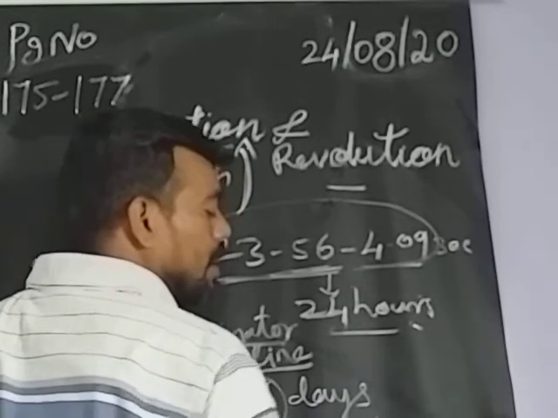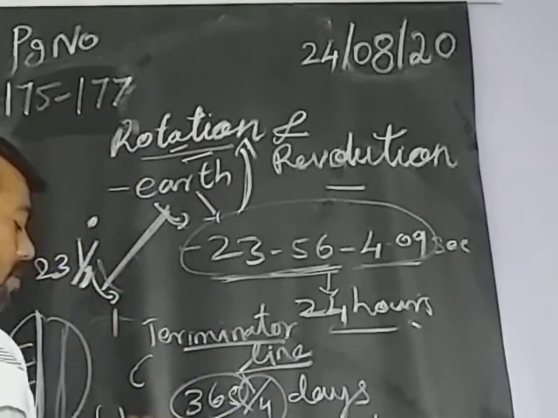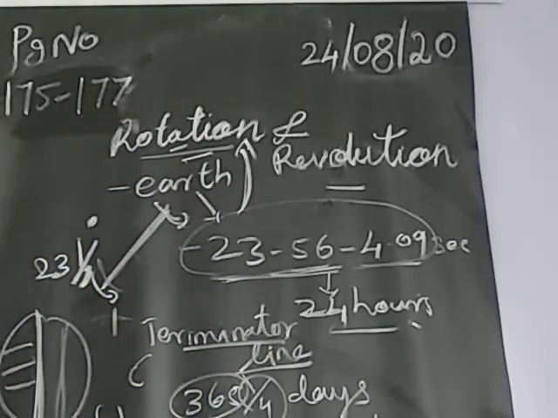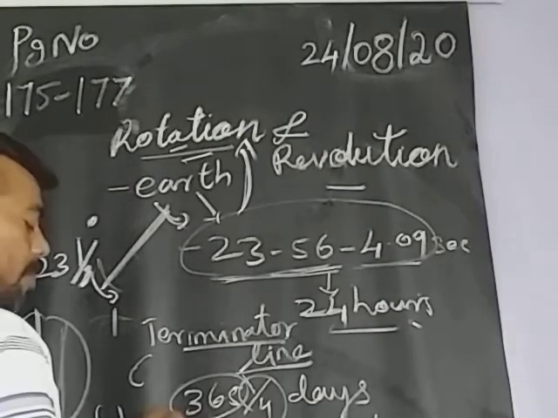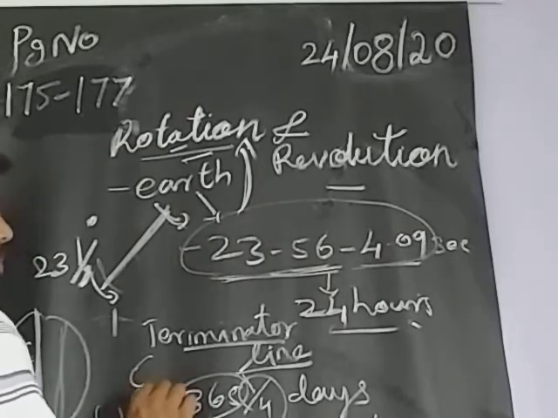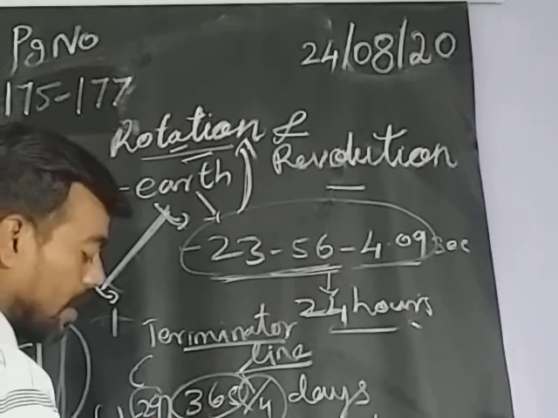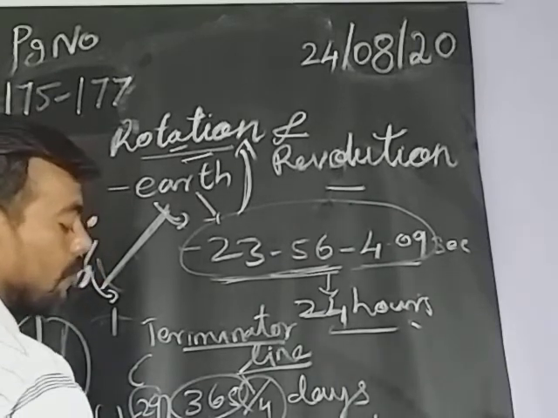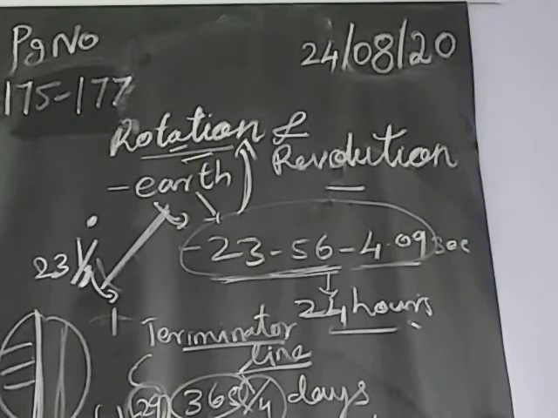One day is added in the month of February, making it February 29. So those born on February 29 get their birthday only once in 4 years.